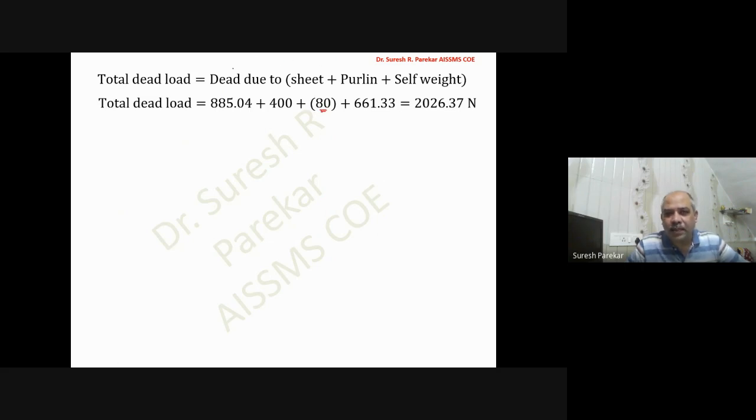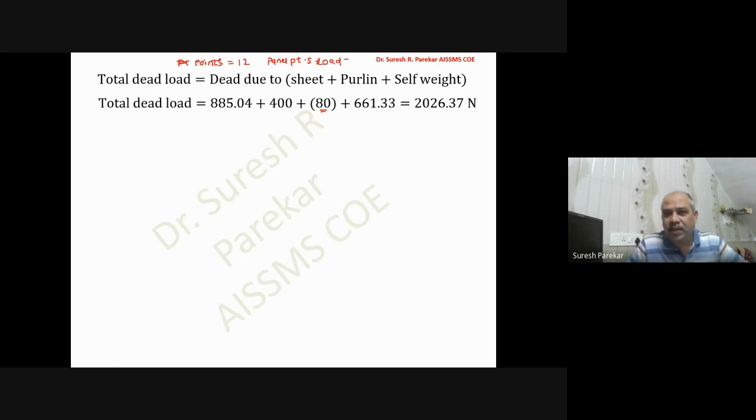Now you have to keep in mind that we have total points, I can say instead of panel points, 12. And when we calculate the panel point load, we are going to consider 10.